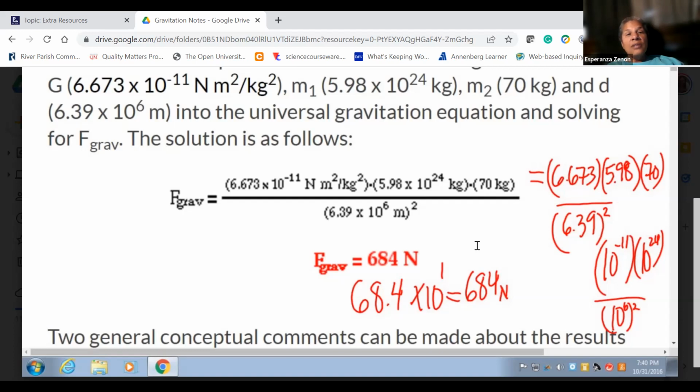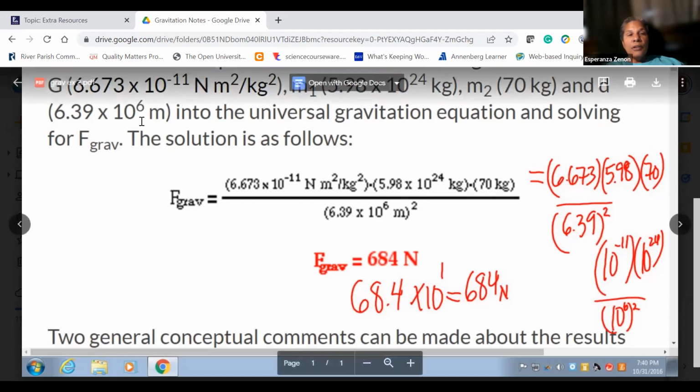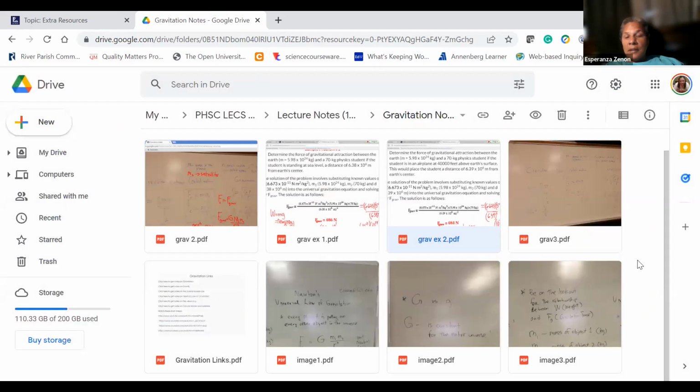But you can use the gravitation formula anywhere. Why? Because all you need to know are the masses of the objects and how far apart they are. That's the beauty of Newton's universal law of gravitation. You can find the gravity anywhere. Weight is only relevant if you're on the planet. So this is why this law is so important, because it allows us to figure out the force of attraction between objects beyond being on planet Earth, beyond being on the moon, or anywhere in the universe.